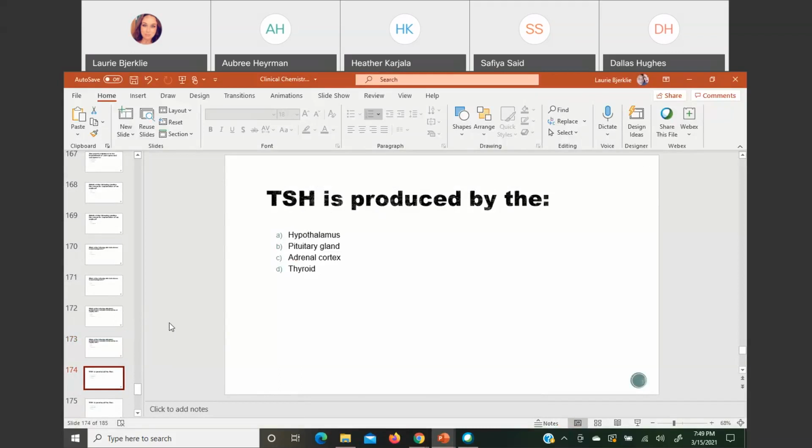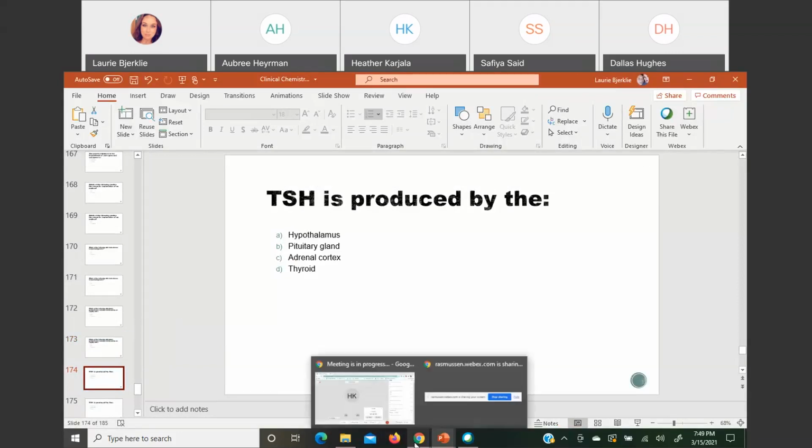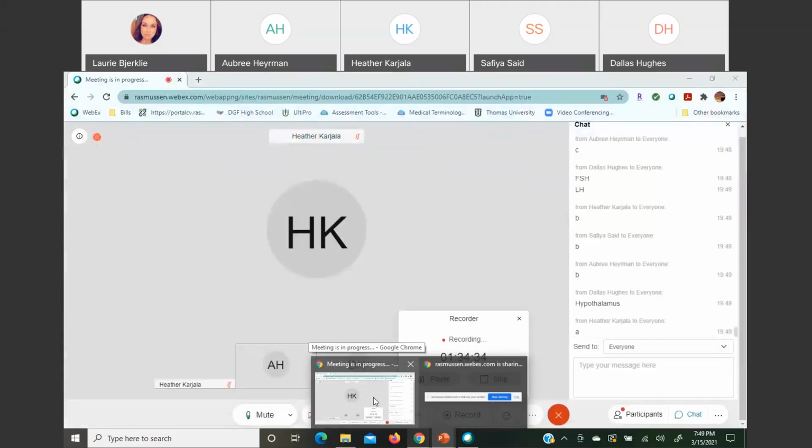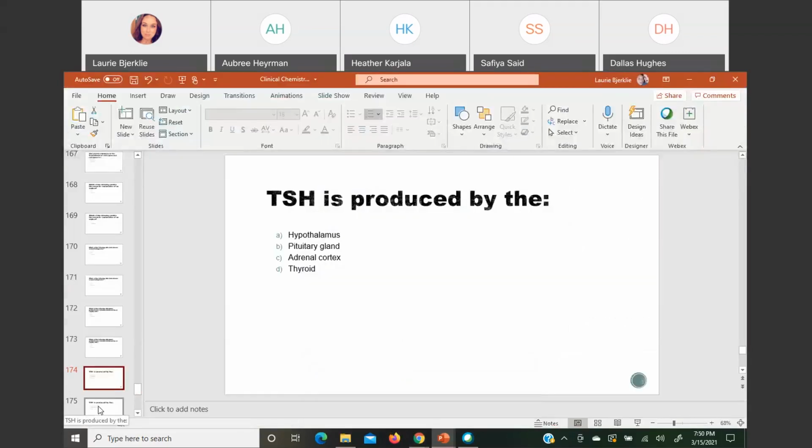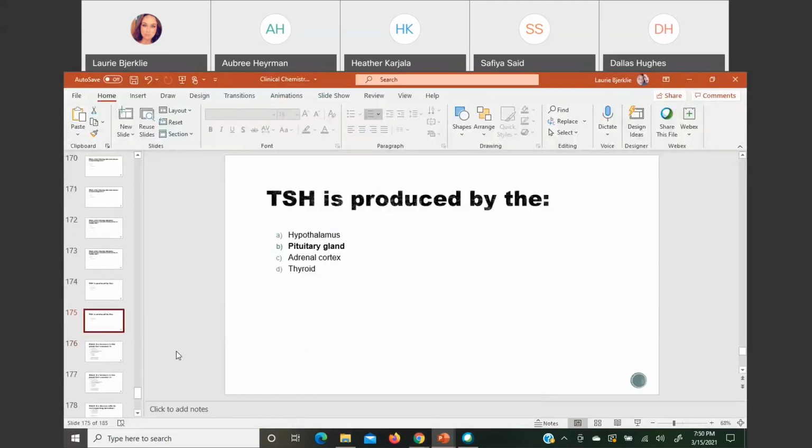TSH, thyroid stimulating hormone, is produced by what? All right, I think people have answered this one. Yeah. So it is made by the pituitary gland.